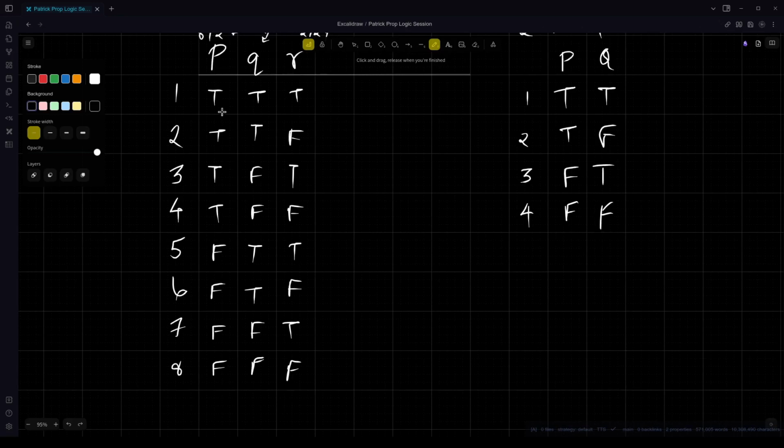Yeah, so you pair 4 trues and 4 falses. And for the second column, you're just going to half it. So that's 2 trues, 2 falses, and that pattern repeats. 2 trues, 2 falses, 2 trues, 2 falses. And for the next one, you're just going to half it further, so you get an alternating true, false, true, false, true, false pattern.